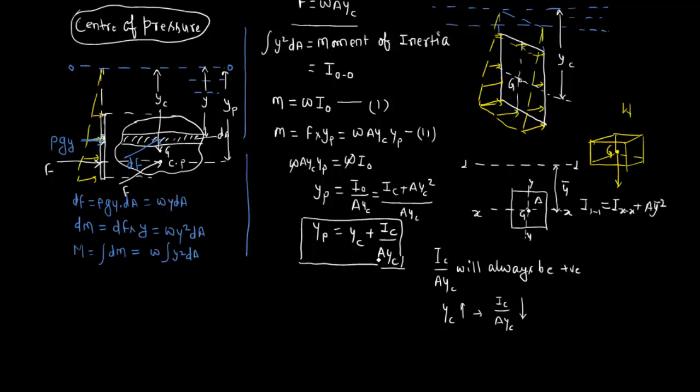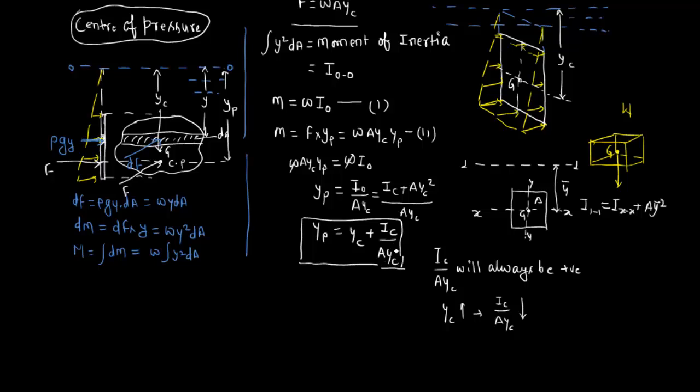In that case, when this term decreases, the center of pressure, that is Y_P, is going to be closer and closer to Y_C. The center of pressure will always try to approach the center of gravity, but they will never coincide with each other, because there is only one chance, when Y_C is going to be infinity.